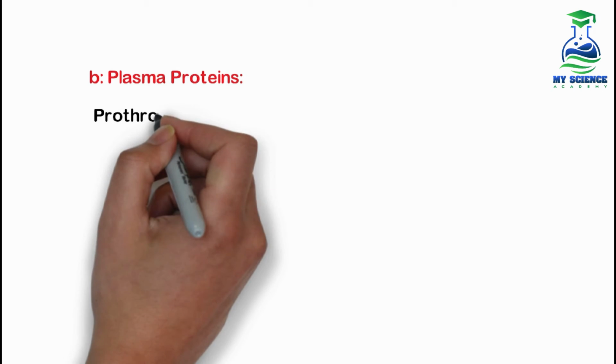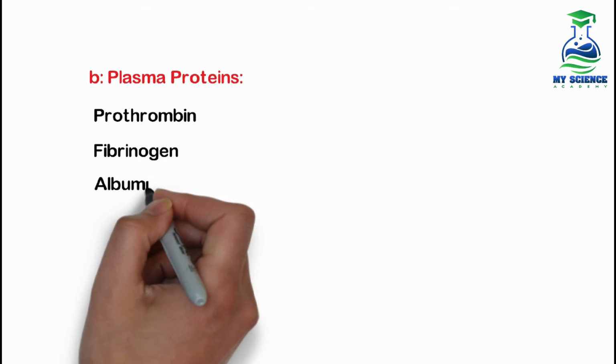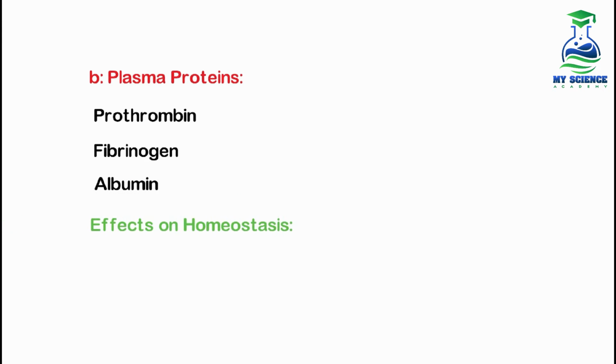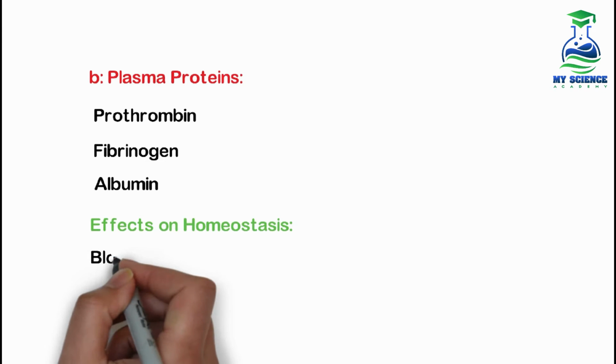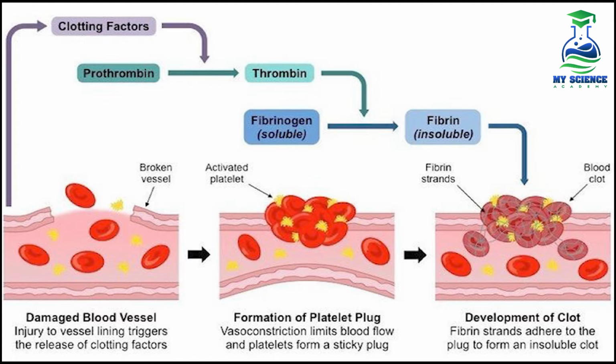There also occurs the synthesis of plasma proteins like prothrombin, fibrinogen, and albumin. And how do they affect homeostasis? They are responsible for blood clotting. That can be understood with the help of this example.